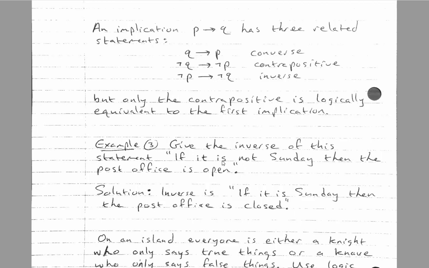So if it is not Sunday, then the post office is open. The contrapositive of that would be, you want the negative. So the post office is closed. So if the post office is closed, then it is Sunday.